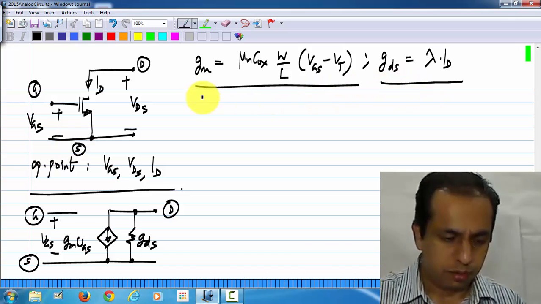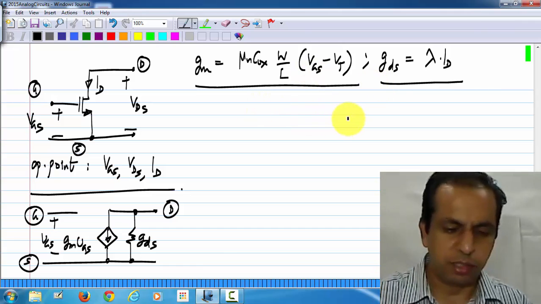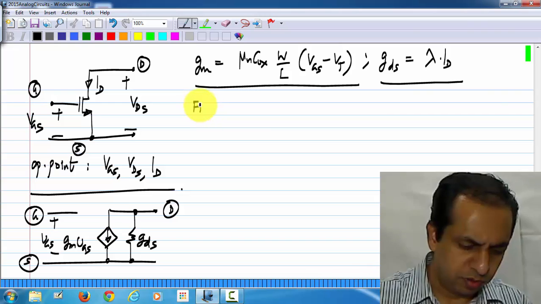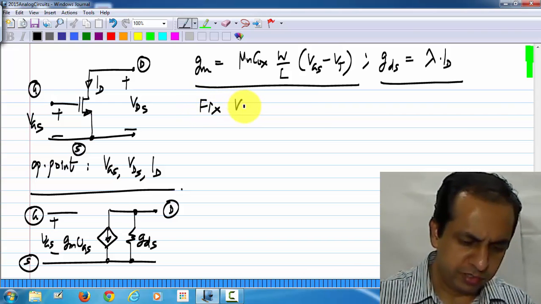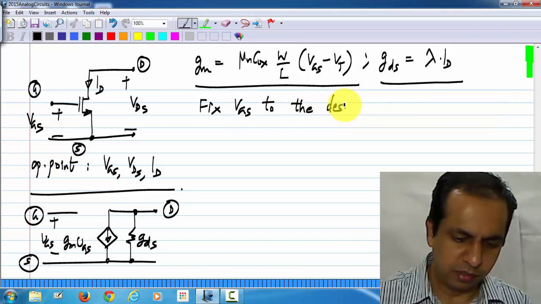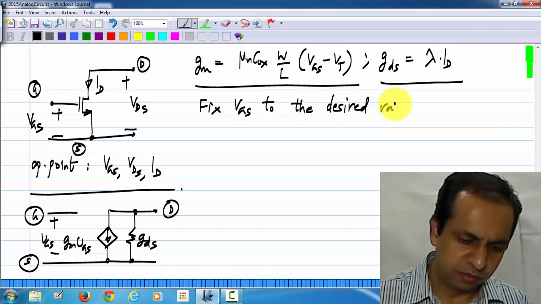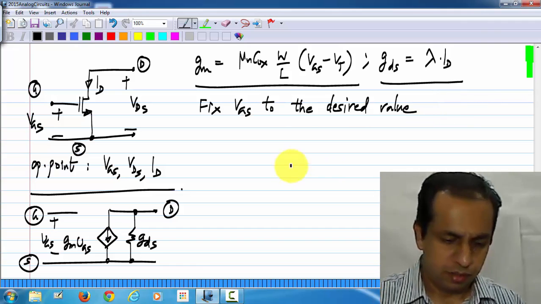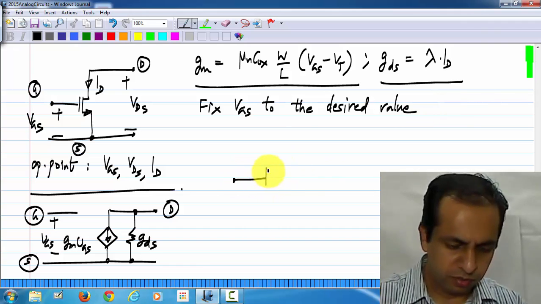Basically, we wanted a certain GM, and from that we found the VGS. And the way we fixed the operating point was to fix VGS to the desired value.